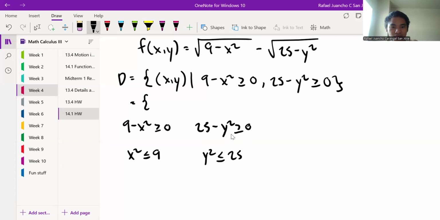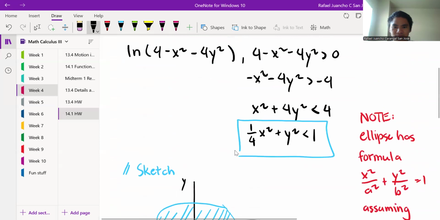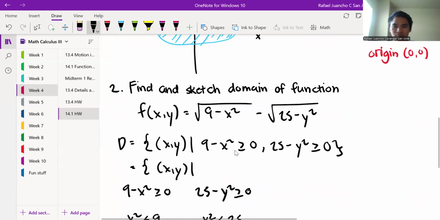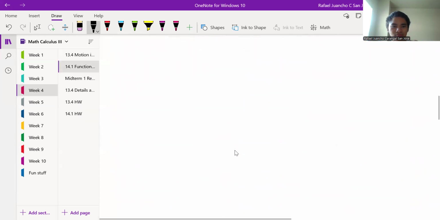Those are my two conditions. Now, my issue is how do I solve for that inequality? Let me see.